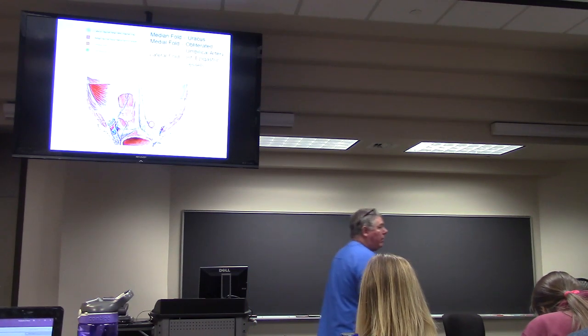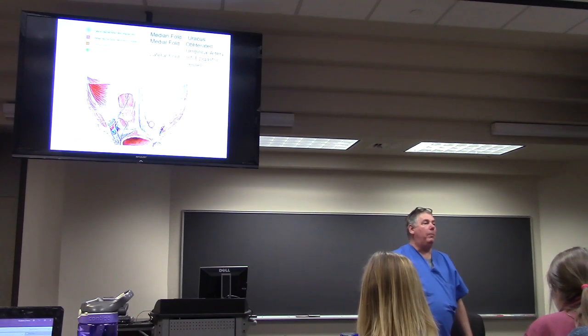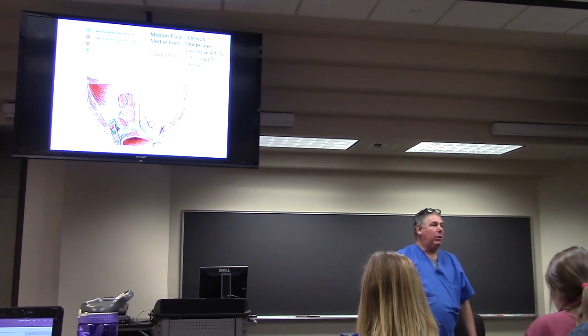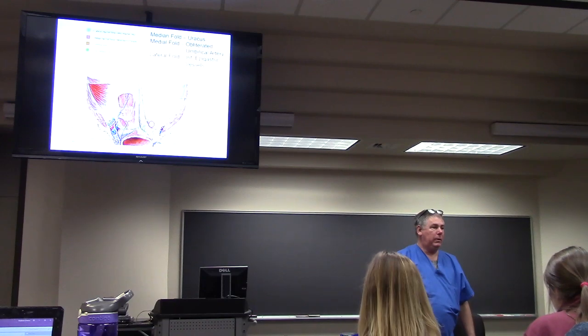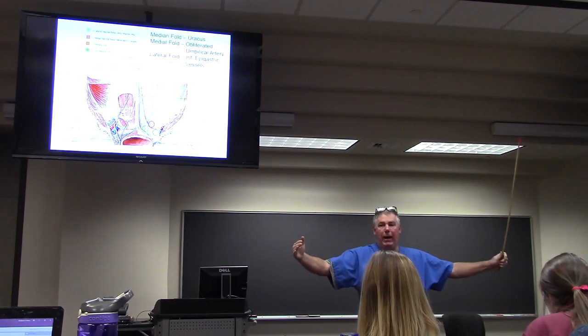The medial umbilical fold is formed by the obliterated umbilical artery. So you have one median, two medials, and two laterals.